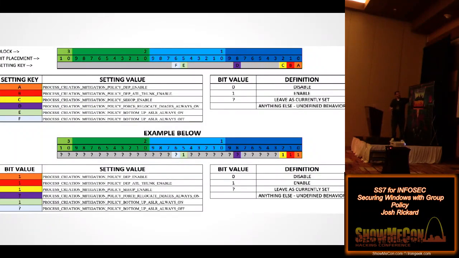Those question marks mean don't change, just leave it as it is, and then you can flip them depending on what you want. So, process creation mitigation for ASLR, bottom up or top down or whatever you want. I don't know how many people actually use process mitigation, but it's really cool technology that they've now embedded into the operating system.